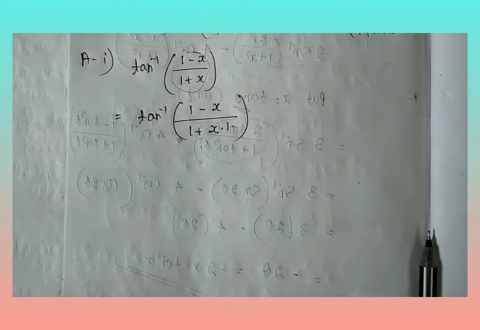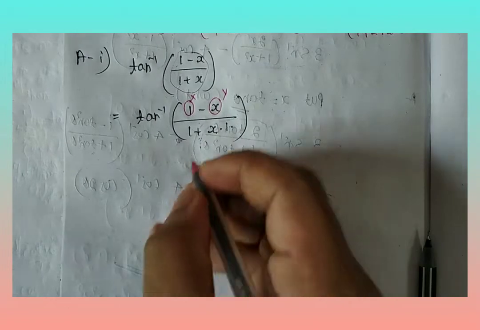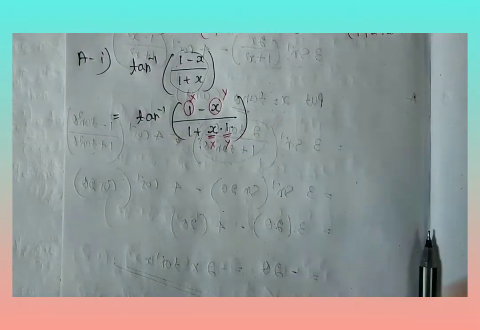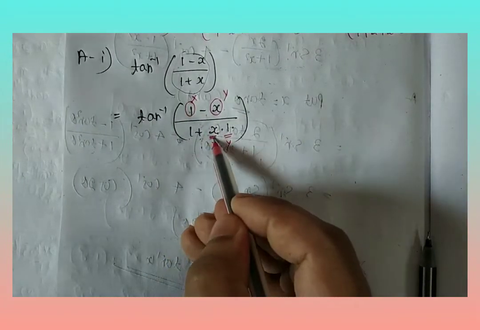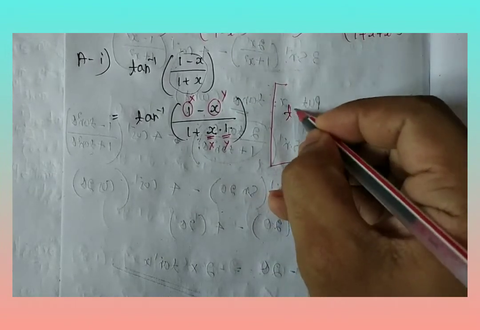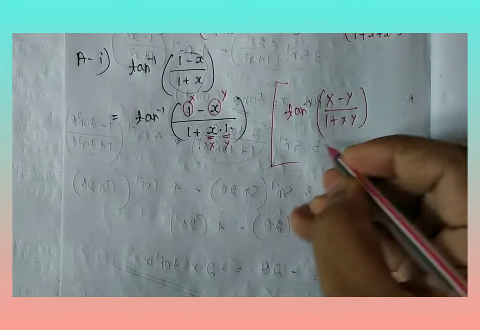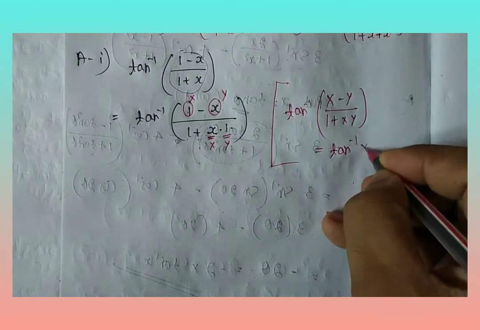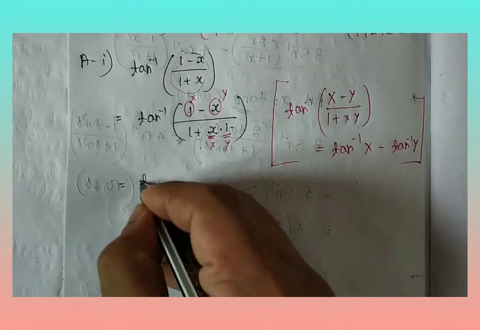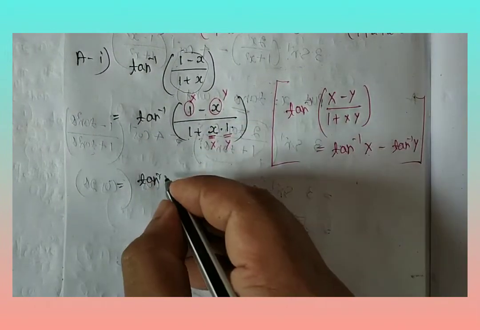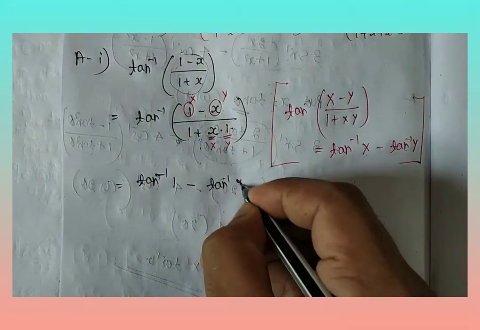Now let this be capital X and this be capital Y. Now tan inverse of (X minus Y) divided by (1 plus XY), and this is equal to tan inverse X minus tan inverse Y. We can write here tan inverse 1, since the value of X is 1, minus tan inverse Y, where the value of Y is small x.